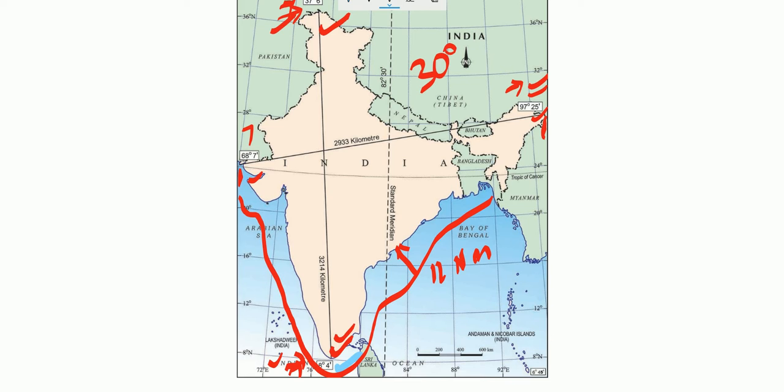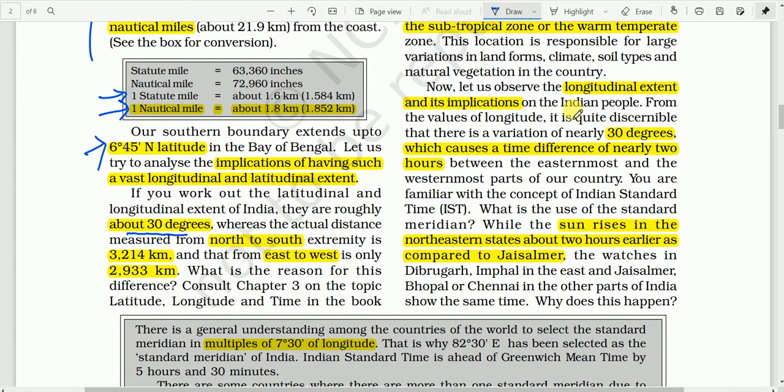If you subtract 68 degree 7 minutes from 97 degree 25 minutes, you will get roughly 29.5. Likewise, if you subtract 8 degree 4 minutes from 37 degree 6 minutes, then you will get roughly 30.